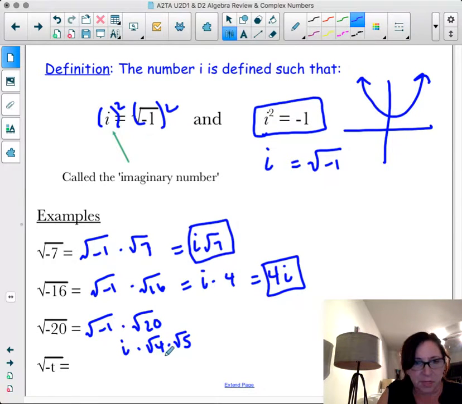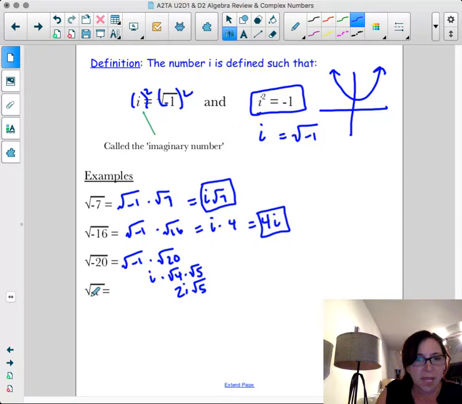So this being 2, and so that being 2, that being i. So far we have 2i square root of 5. Okay, square root of -t is going to be square root of -1 times the square root of t, which is i root t. Box that up.